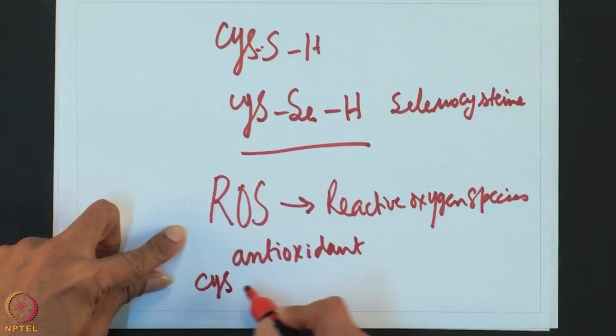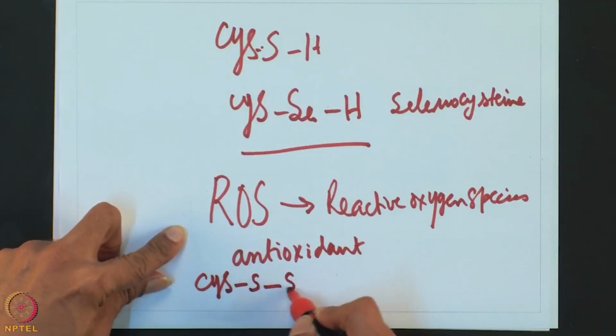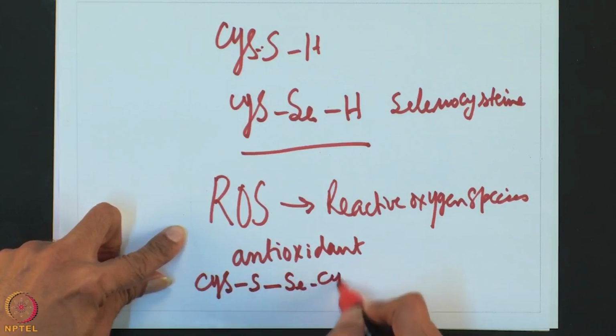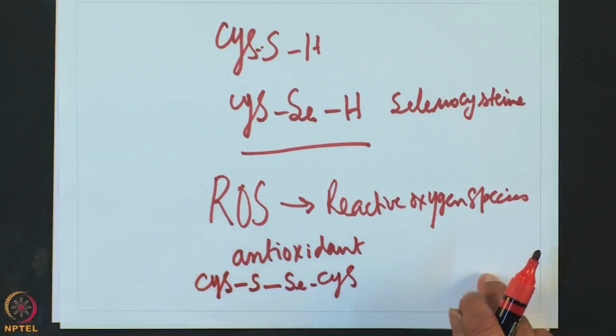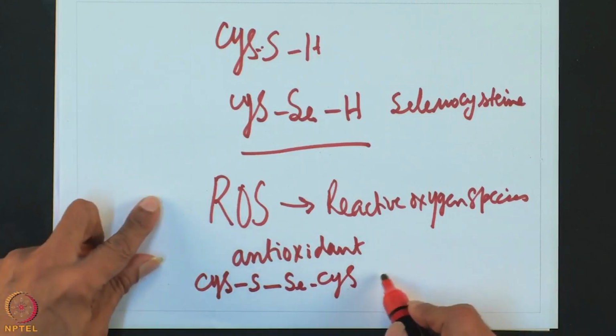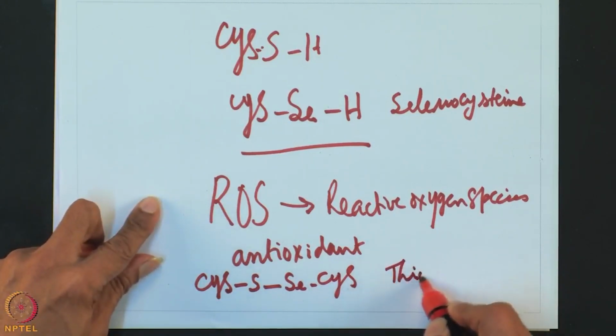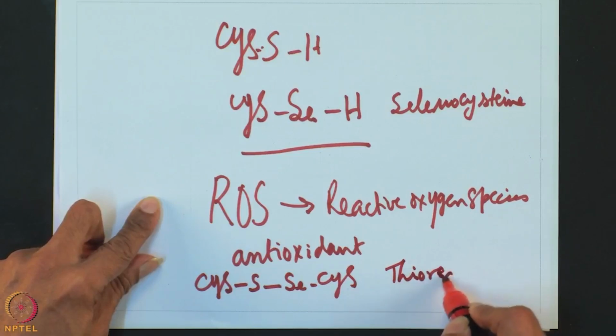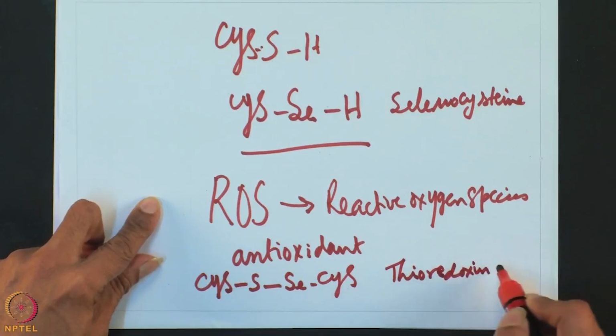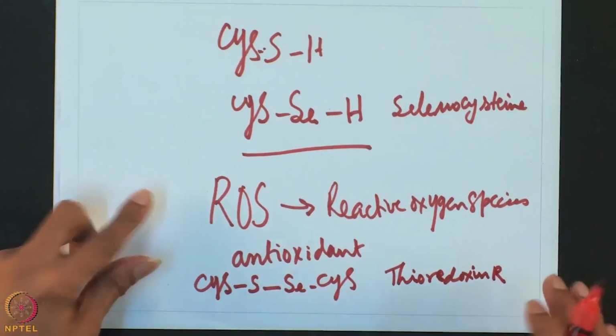So, this is the cysteine selenocysteine pair, and this is from the thioredoxin reductase. Okay.